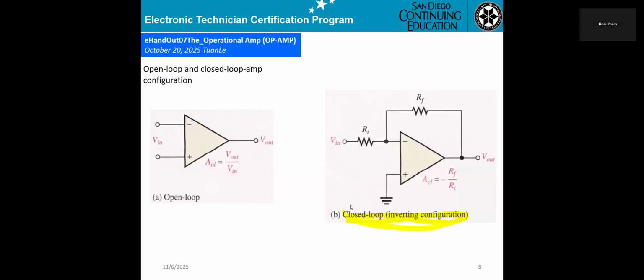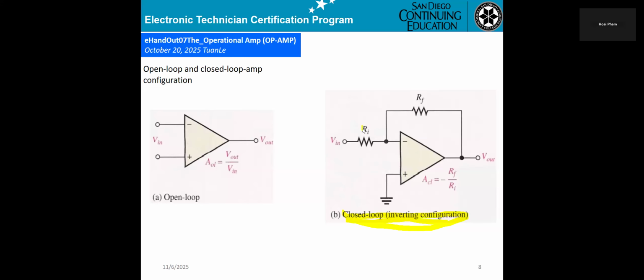Now they connect the output to the input with a resistor RF. That's what they call the feedback resistor. Okay? And R in will be the input resistor here. And they give you the gain, which has to be equal to minus RF over R in.